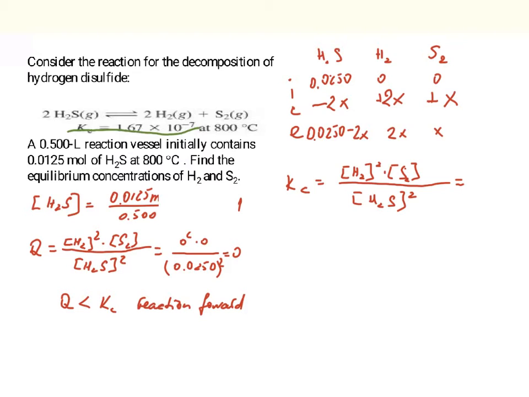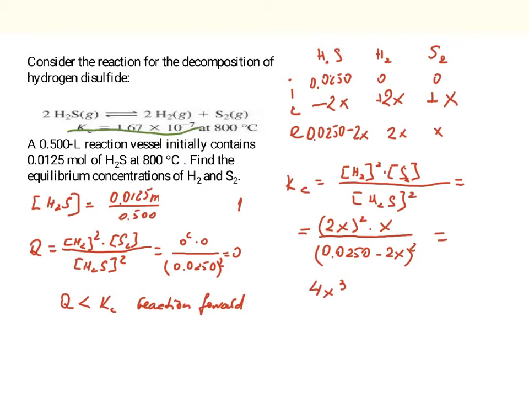Then let us plug in expressions for equilibrium concentrations, and it's going to be 2x squared times x over 0.0250 minus 2x squared. Okay, let us simplify it.